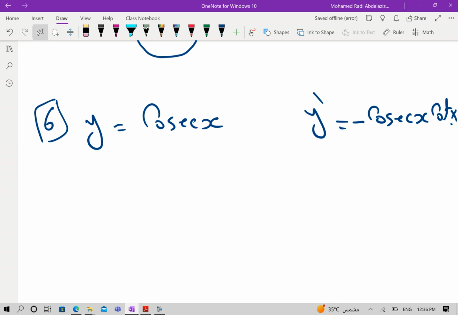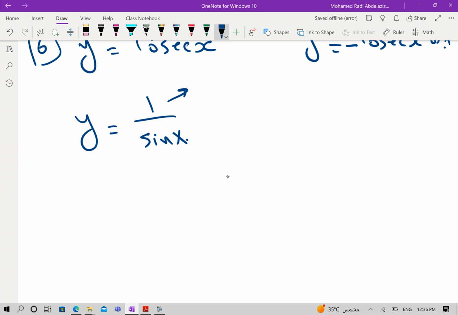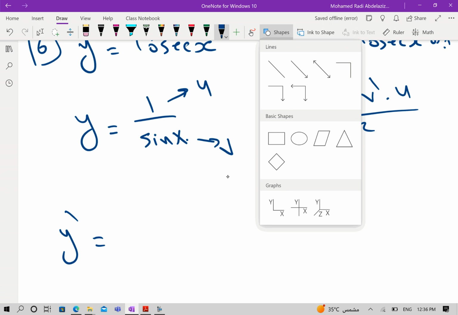Show that: y is 1 over sine, reciprocal of cosec is sine. Then start to use u over v: u dash times v minus v dash times u divided by v squared. So y dash is a fraction.